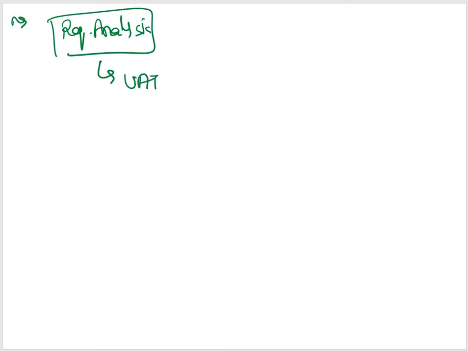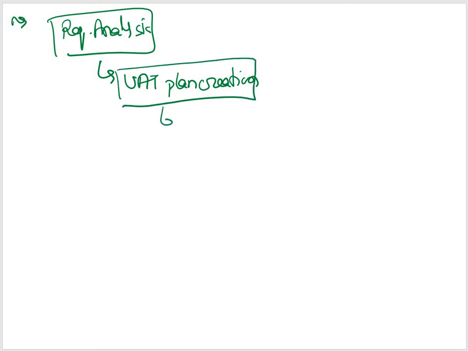Which can also be known as beta testing, and only when the entry criteria of UAT are satisfied, following are some of the tasks which need to be performed. The tasks can be your requirements analysis. Everywhere you will see requirement analysis, something which is found everywhere. Then you have UAT plan creation.